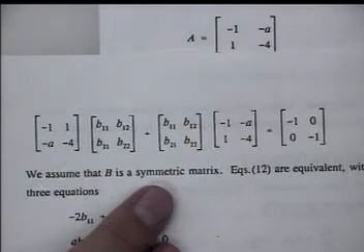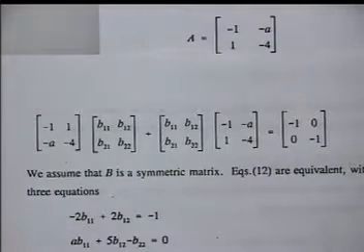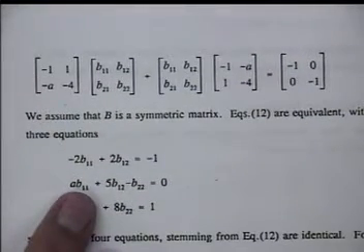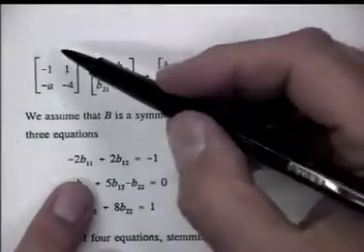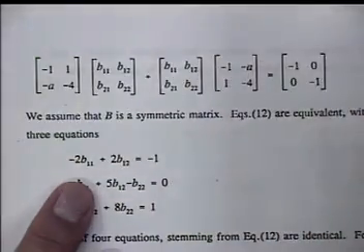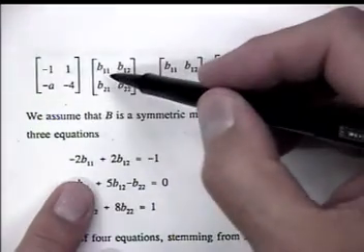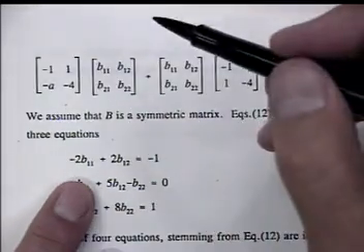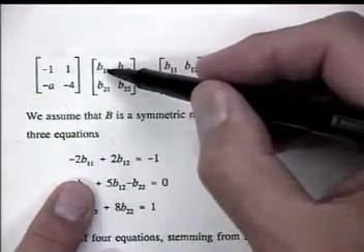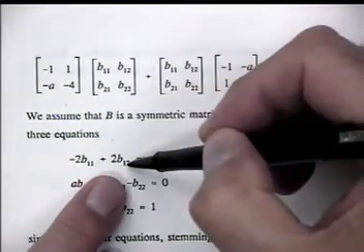Now, we assume that B is a symmetric matrix, meaning B21 equals B12. Then this yields as follows. Look, let us calculate this equation. So this is a 2 by 2 matrix, of course. So we calculate the first element: minus 1 times B11 plus 1 times B21.